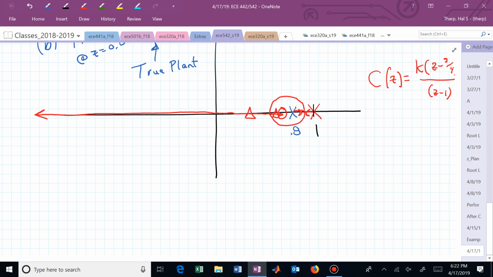We didn't pick a gain, but if you now picked a gain, K, you would know exactly where those triangles were once you used that true plant and your PI controller with a fixed gain K. That would now locate your triangle somewhere on this root locus sketch. And I've just arbitrarily put them in 2 locations consistent with some K value.